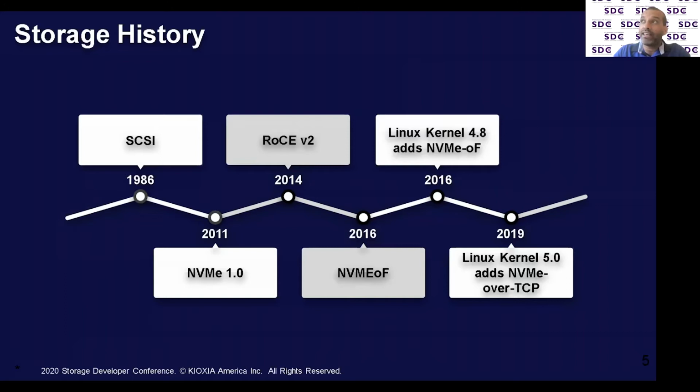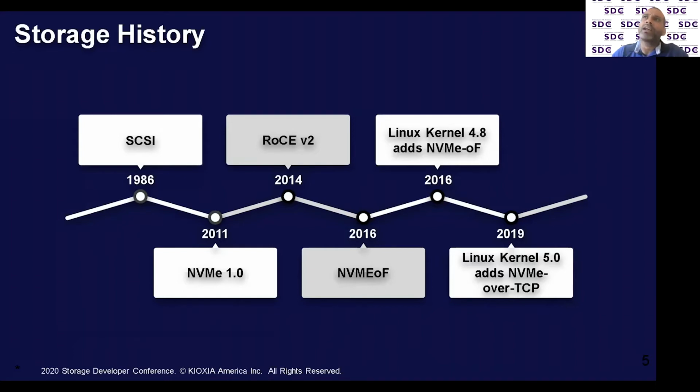After 1986, the next change in storage protocol was in 2011 when the NVMe protocol was introduced. NVMe was built to store data on flash drives. Before that, even though flash media was present, the protocol used to store data on flash drives was still SCSI.